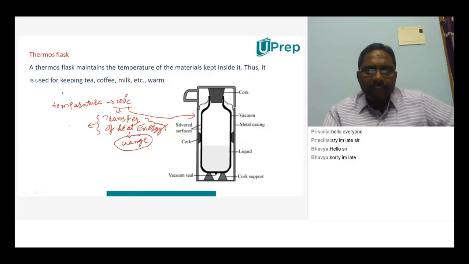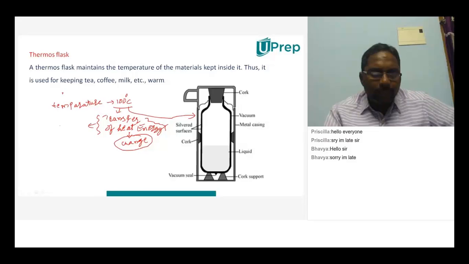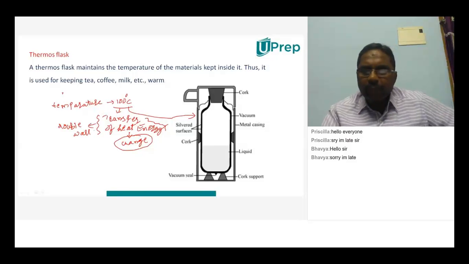A thermoflask is a particular device which contains a double wall. Two walls will be there. Observe here, this is the first wall and this is the second wall. In between the two walls, what will be there? Vacuum will be there.